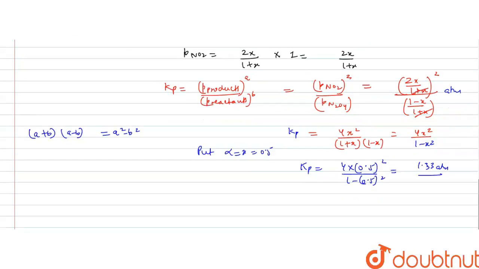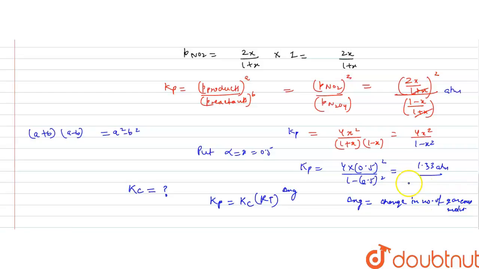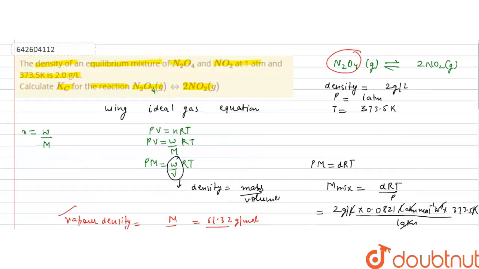Now we have to find out the Kc, that is the concentration equilibrium constant. Kp and Kc are related as Kp is equal to Kc RT power delta Ng, where R is the gas constant, T is temperature, and delta Ng is the change in number of gaseous moles. Change in number of gaseous moles is calculated as gaseous moles of products minus gaseous moles of reactants.